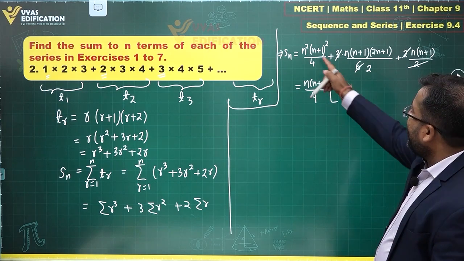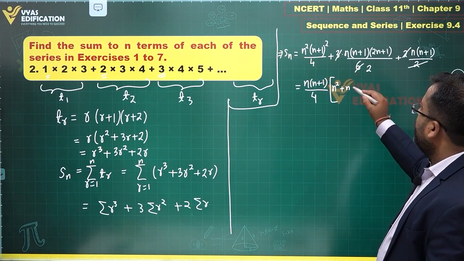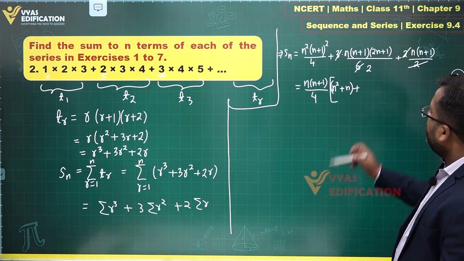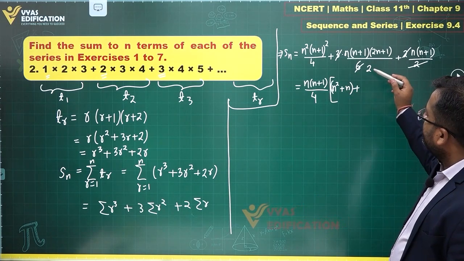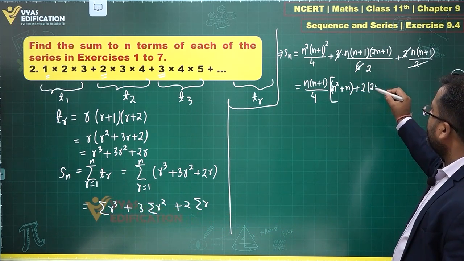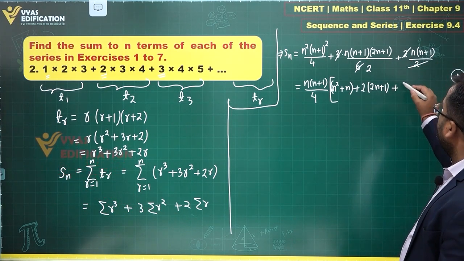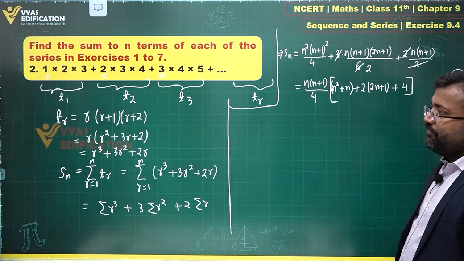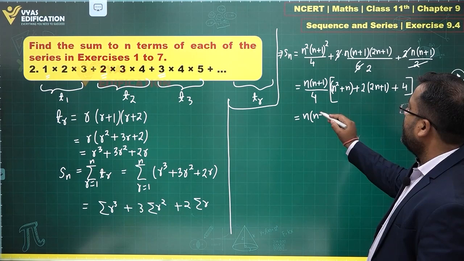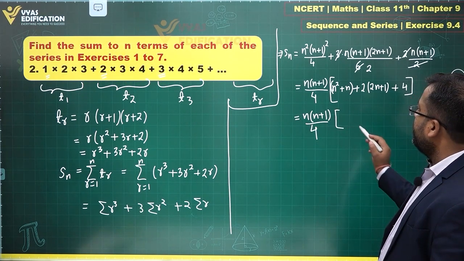What remains is n plus 1 from here, which is n square plus n plus. What remains from here? If you observe, in the denominator you need to create 4, so you need to multiply with the 2 first of all. n plus 1 has gone, what remains is 2n plus 1, plus n plus 1 has gone, 4 was not there, let's multiply with the 4. This is what you get. This becomes n plus 1 upon 4 times, what does this simplify into?